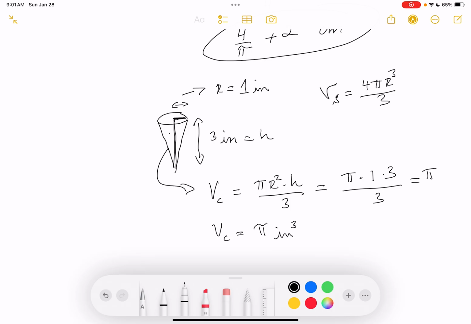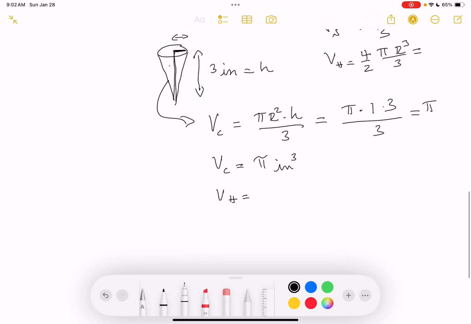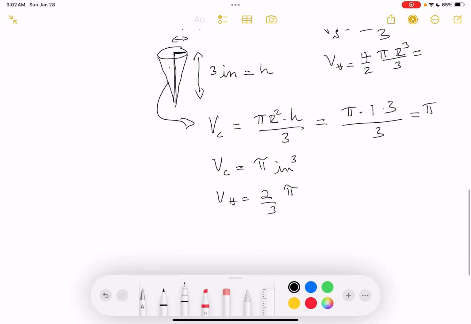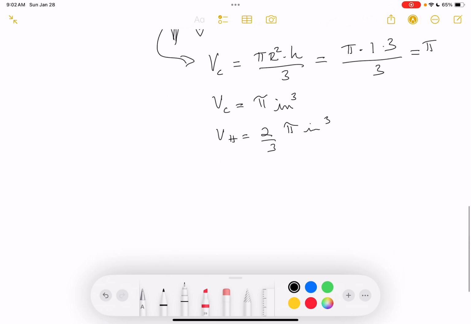It's really going to be half a sphere, so the volume of a hemisphere is 1/2, I'm sorry, I put the 4 down, of 4 pi r cubed over 3. Well, 4 over 2 is 2, so we get 2/3 pi. And what's r? r is 1, so it's 2/3 pi inches cubed.